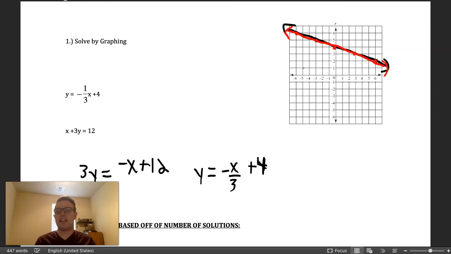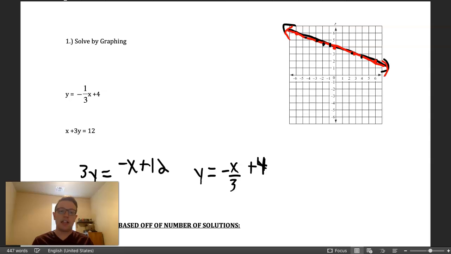But wait just a second. We have two lines that are the very same here. They're the exact same line. If we look at this, we have minus 1/3 x plus 4, minus 1/3 x plus 4. What does that mean? Well, how many places do these intersect? They intersect here, but they also intersect there and there.